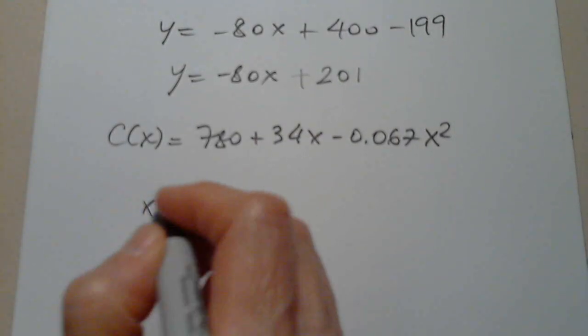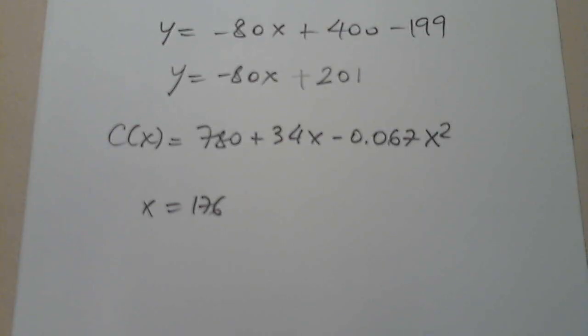Find the rate at which the average cost is changing. So the cost is given to us, but they don't want how fast is the cost changing. They want how fast is the average cost changing when x is 176.